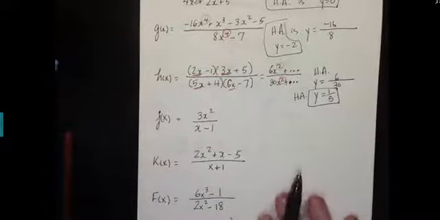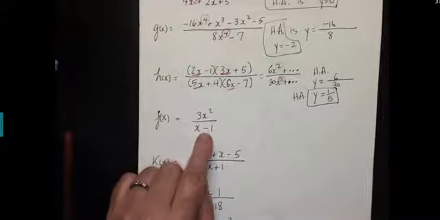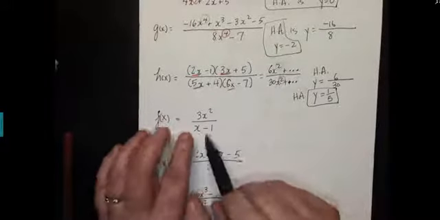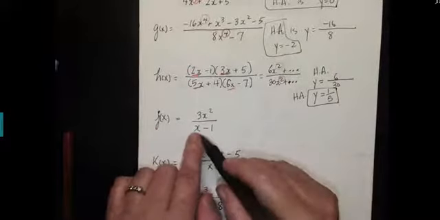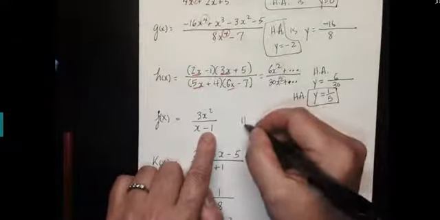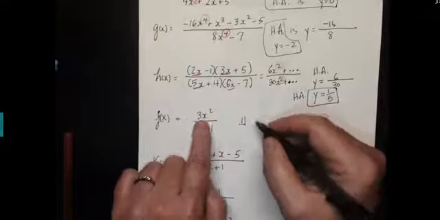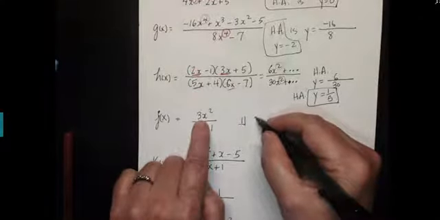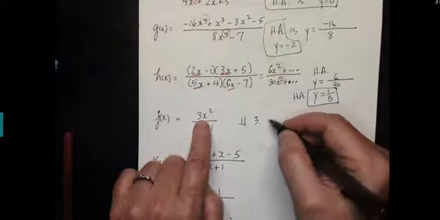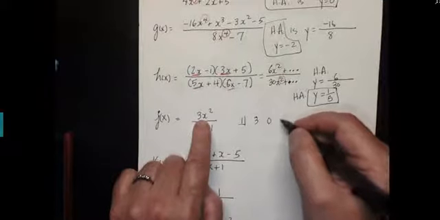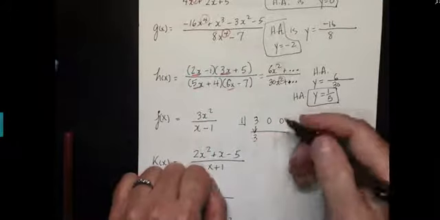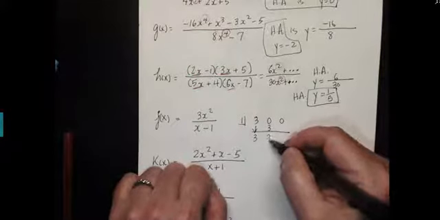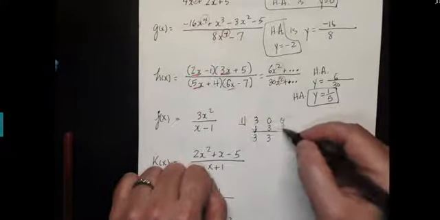Now I can do long division, but also I can do synthetic division, which is quicker with this one. So if it's in the form of x minus a number, I can do synthetic division. So it's x minus the number in the box. And then over here I'll have the coefficient for x cubed, the coefficient for x squared, the coefficient for x, and the constant. 3 times the number in the box is 3, and then we add. 3 times the number in the box is 3, and then we add.